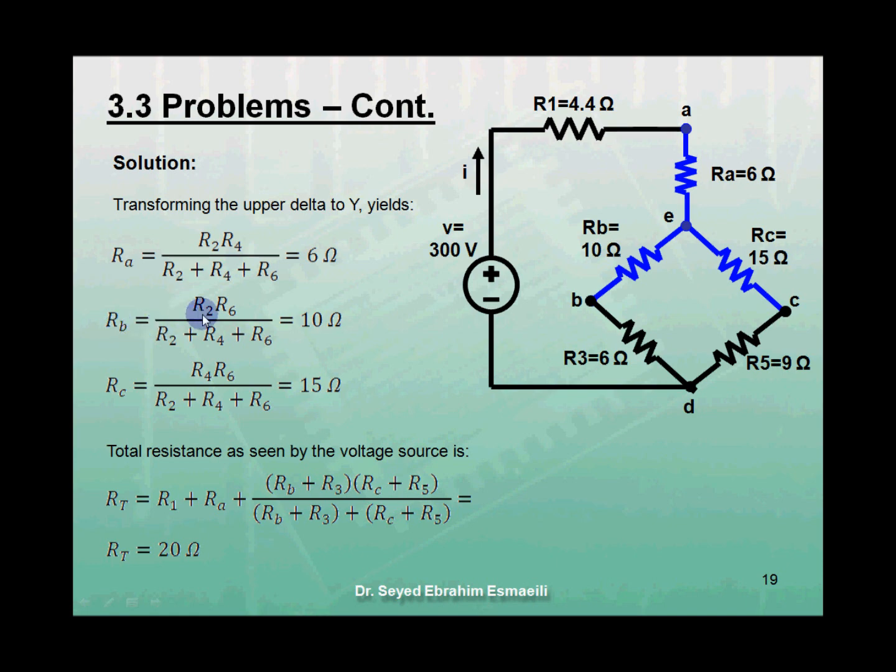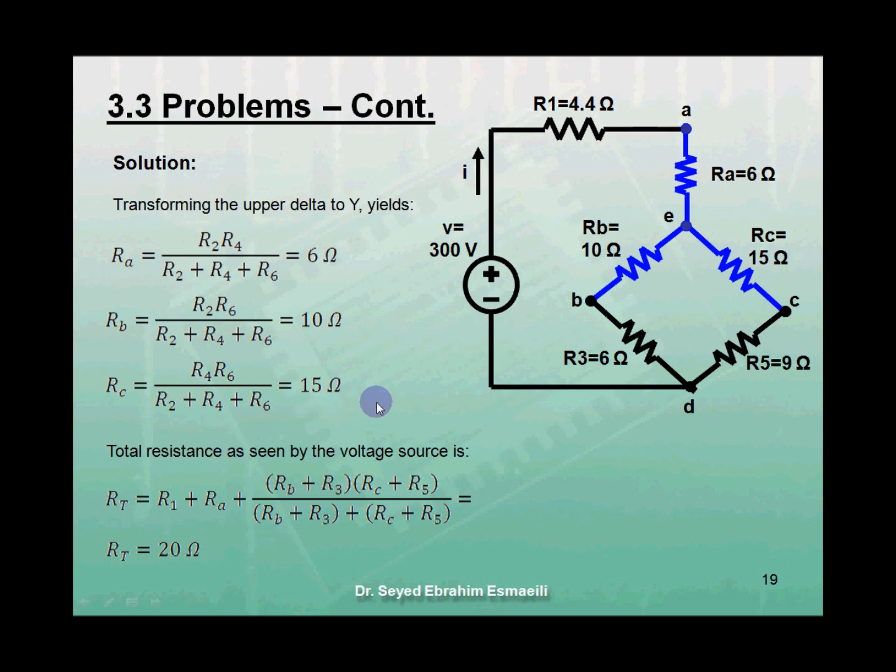RB equals R2 times R6 over R2 plus R4 plus R6 equals 10 ohms. And RC equals R4 times R6 over R2 plus R4 plus R6, which equals 15 ohms.